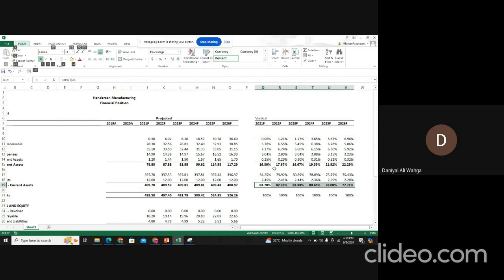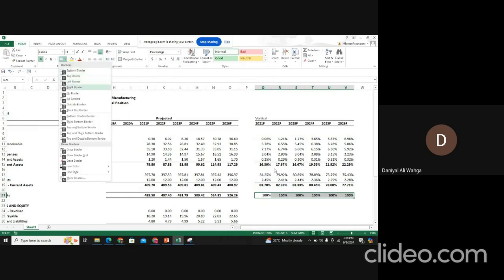Control B, Alt H B, P to add a top border. This is 100 percent. If I add my non-current and current balance, what I get is 100%. Control B, Alt H B, and then I'm going to add a top and a thick bottom border.